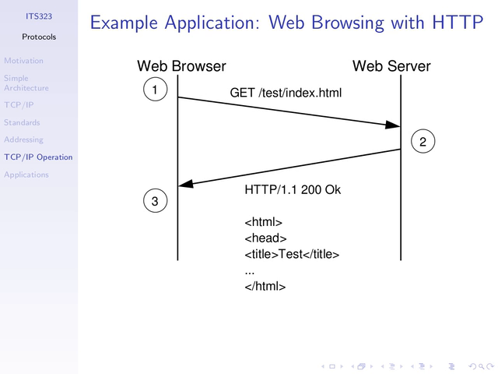Here's my computer A. It has a connection to some network. Just call it the internet. And computer B. We'll say computer A is running a web browser application, and computer B is running a web server.